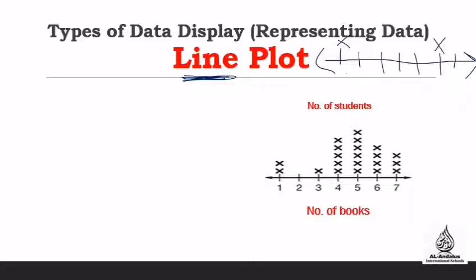For example, here I have the number of books, which is 1, 2, 3, 4, 5, 6, and 7. And here the number of students is represented by the crosses. So this line plot represents how many students read this number of books.